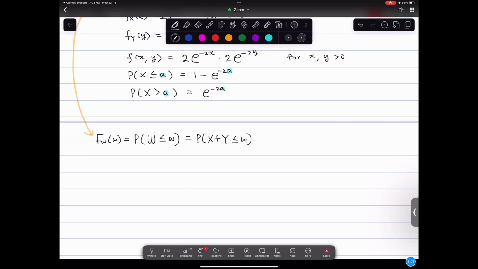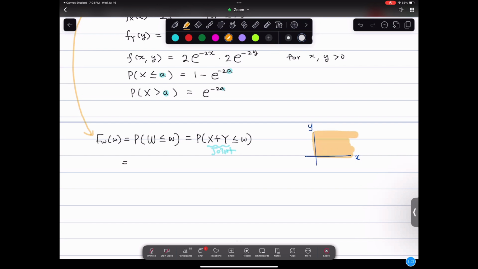Got it. So I'm ready to do this integration. This is my joint distribution. Let me remind you about the support of X and Y: both are between 0 and infinity. This is my support.